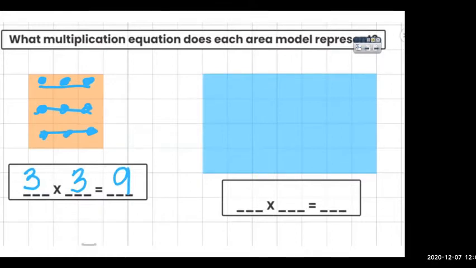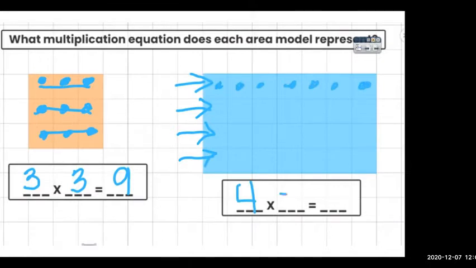Looking at the blue rectangle, counting down will tell us how many rows we have. So we have this row, 1, 2, 3, and each row contains 1, 2, 3, 4, 5, 6, 7.